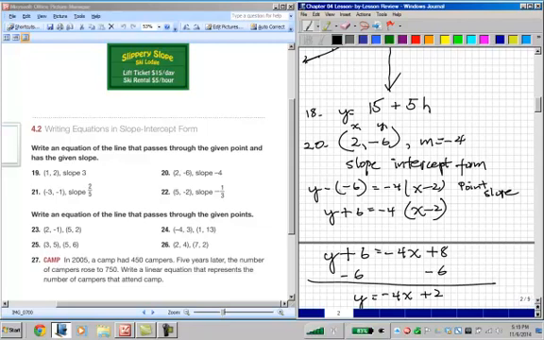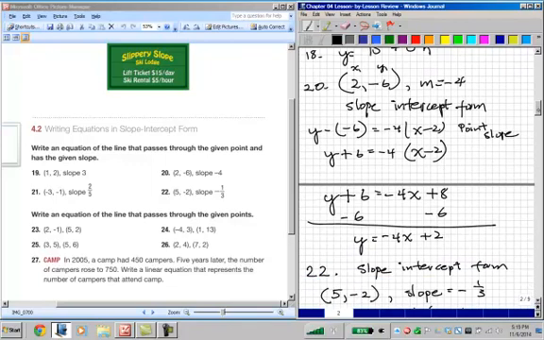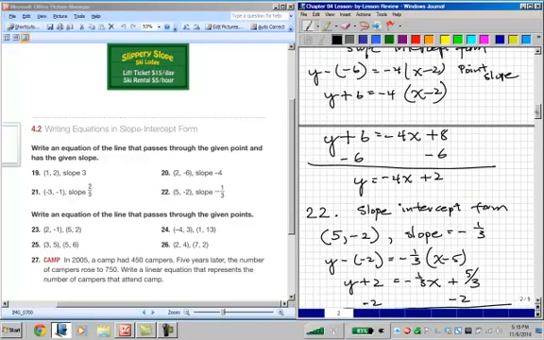So I do y minus y1, negative 6, equals m, negative 4 times x minus negative 2. Okay, clean up the parentheses. I got y plus 6 equals negative 4 times the quantity x plus 2. Distribute. Y plus 6 equals negative 4x minus 8.